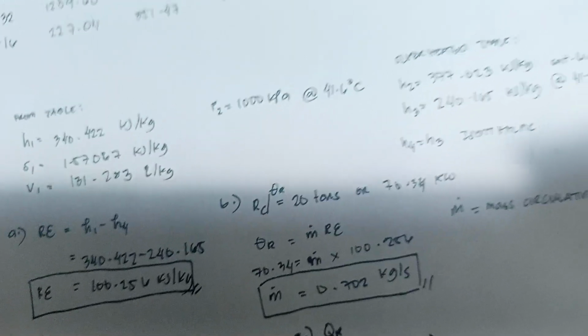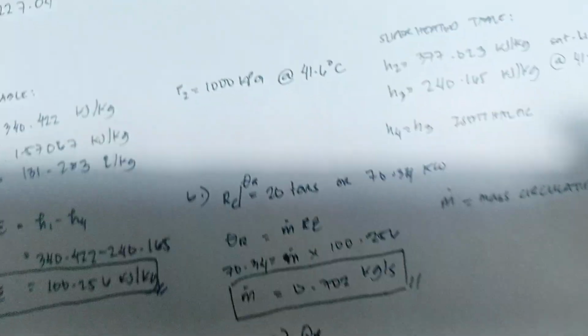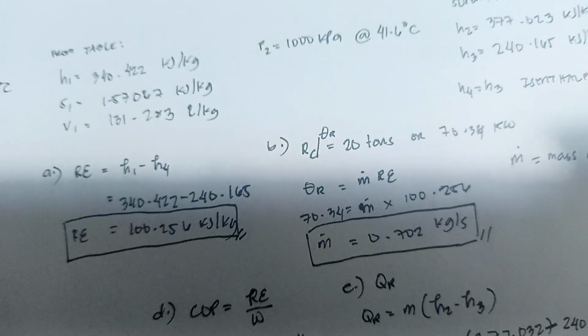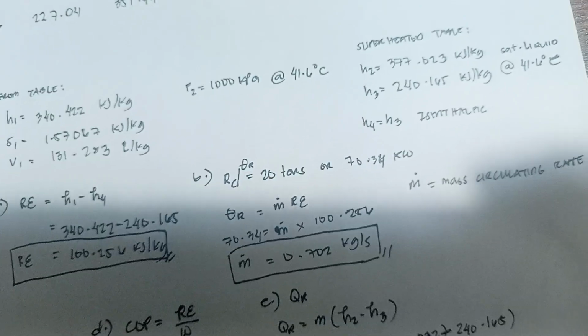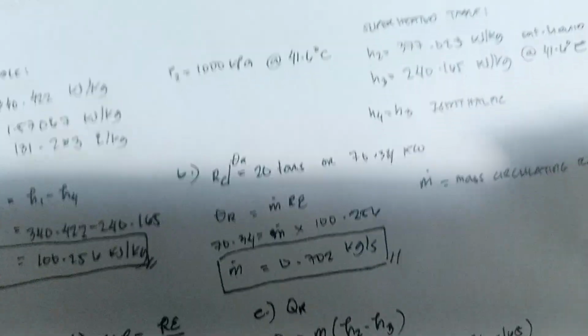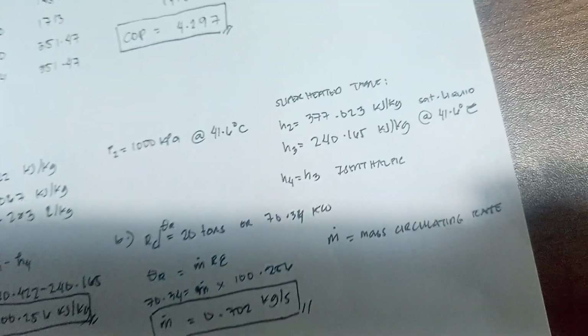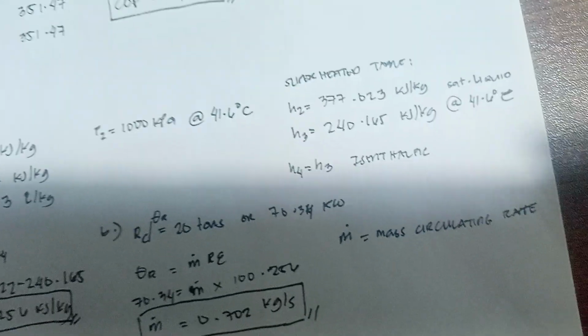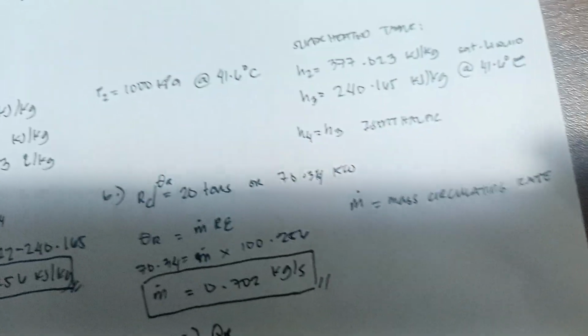So we have our mass flow rate 0.702 kilograms per second. So it is the mass circulating rate rather.